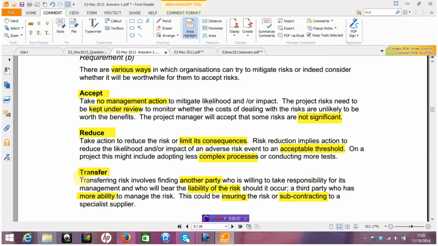Transference is one that students tend to remember because it's linked to insurance, or passing the risk on to another party. That other party will take responsibility and manage the risk for us in some way. The insurance bit is something that students will remember. Just remember that we could also subcontract the risk out to a specialist in some way.